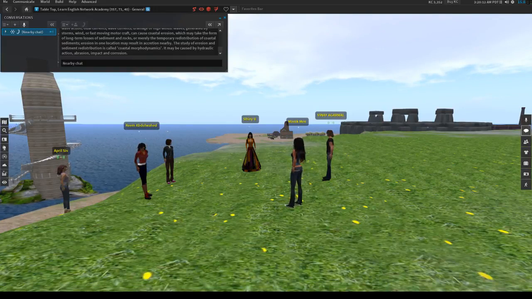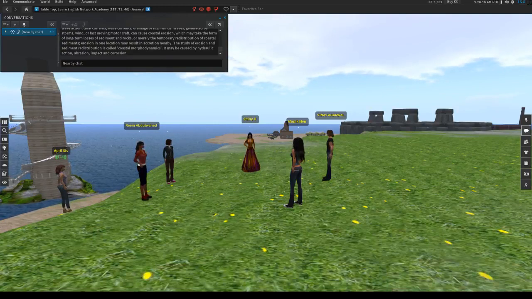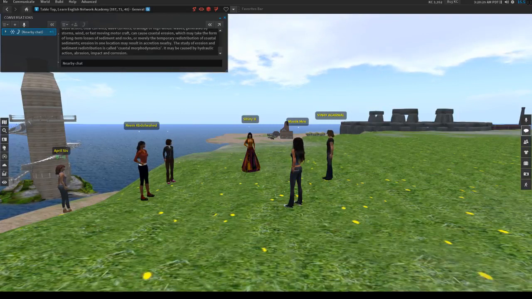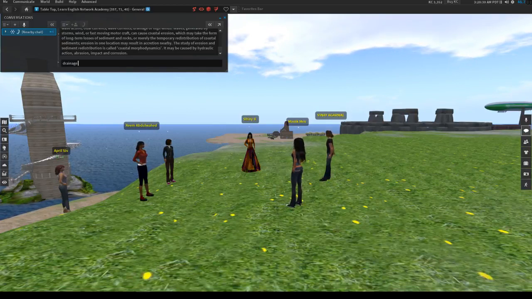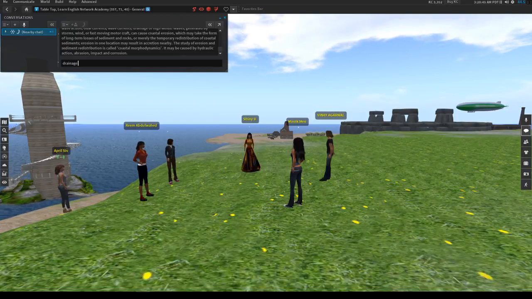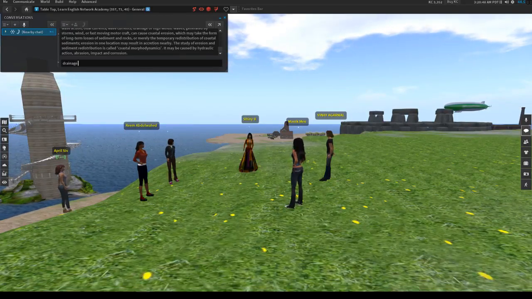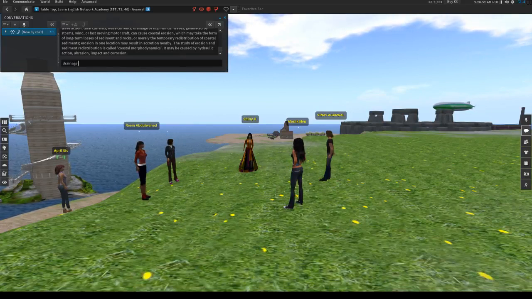What is coastal erosion? Coastal erosion is the wearing away of land and the removal of beach or dune sediments by wave action, tidal currents, wave currents, drainage, or high winds. Waves generated by storms, wind, or fast-moving motorcraft can cause coastal erosion, which may take the form of long-term losses of sediment and rocks, or merely the temporary redistribution of coastal sediments.